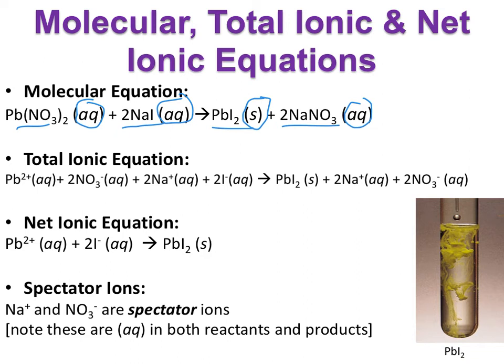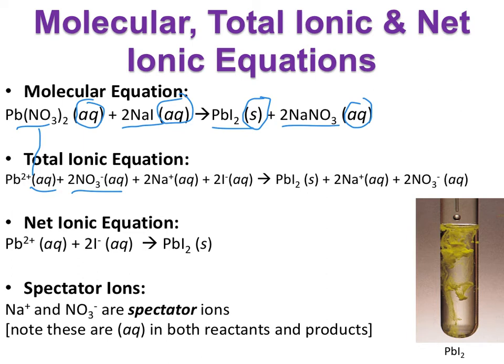To make the total ionic equation, all ionic aqueous compounds are split into their ions. When this happens, subscripts become coefficients. Lead-2 nitrate contains one lead ion and two nitrate ions.